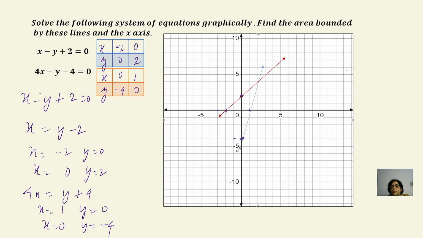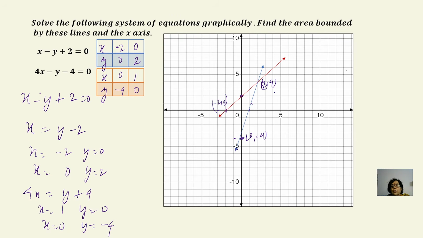It has to pass through 0, comma minus 4. This is the point here. Now they are intersecting at this particular point here. And that point over here is 2, 4. And the coordinates of this is minus 2, comma 0. This is 0, comma minus 4. It has to pass through that particular point.